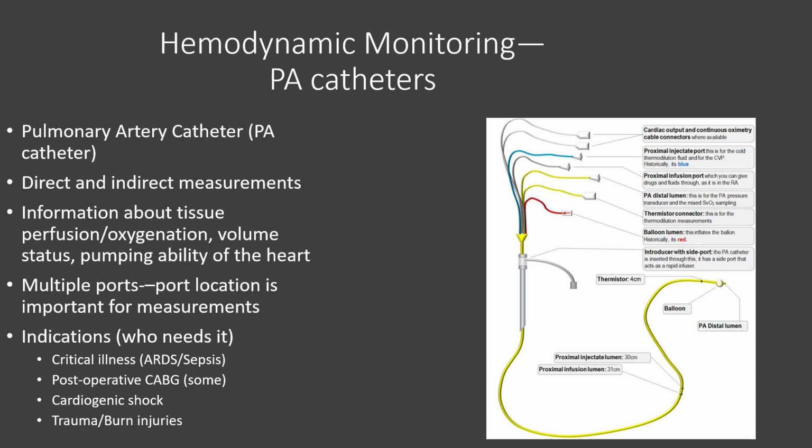Each of these lumens are going to give us certain measurements to help us get an overall hemodynamic assessment for the patient. The pulmonary artery catheter gives both direct and indirect measurements, which provides us with a clear picture of the entire heart, both the right side, the pulmonary function, as well as that left side of the heart.